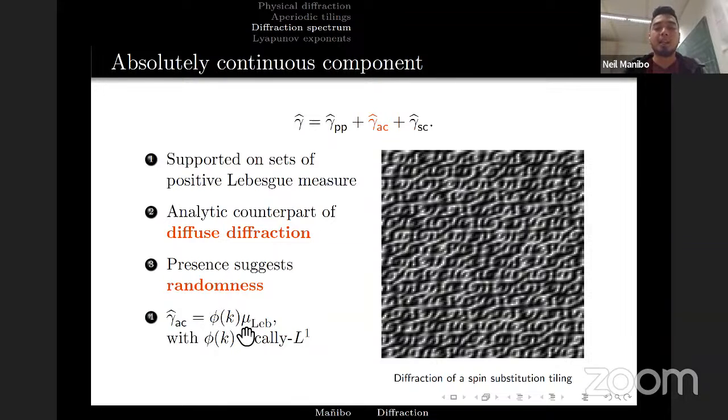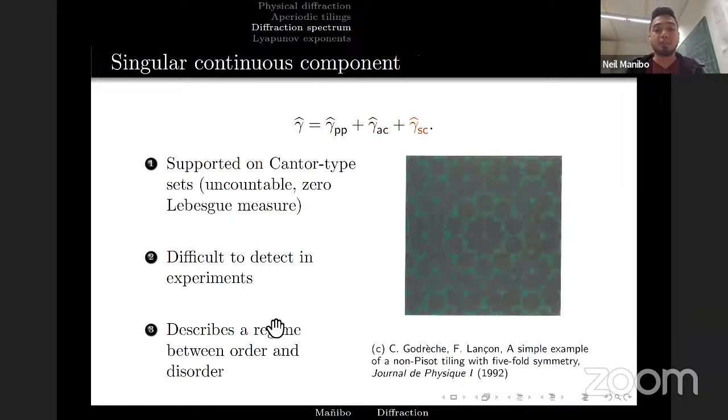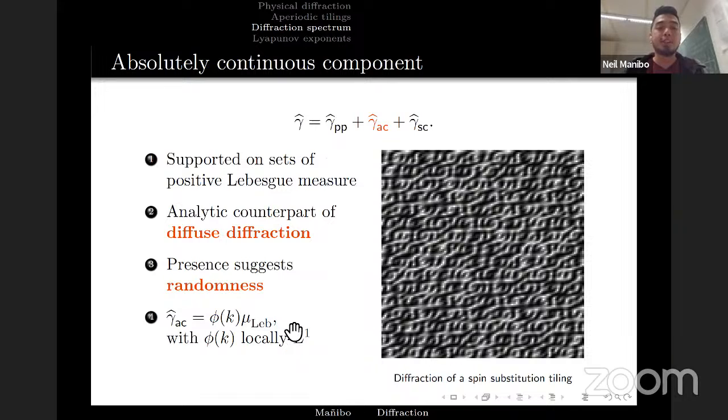So phi of k is a locally integrable function in R^d. So this is a closed form for the absolutely continuous component, and it's very useful, because there are renormalization equations that transfer to each of them, and that is inherited by this function here, which allows one to investigate whether or not this component is present. And we'll go to that later.